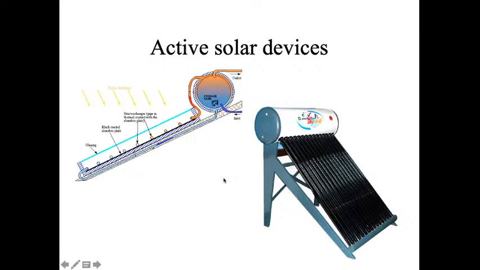Another type of solar device is, for example, an active solar device. So this isn't a solar panel. We're not producing electricity directly using the photoelectric effect. Instead, we are heating up water or another fluid in these black tubes, right?